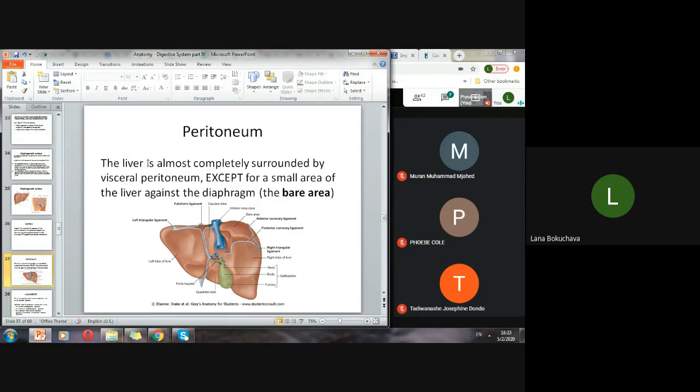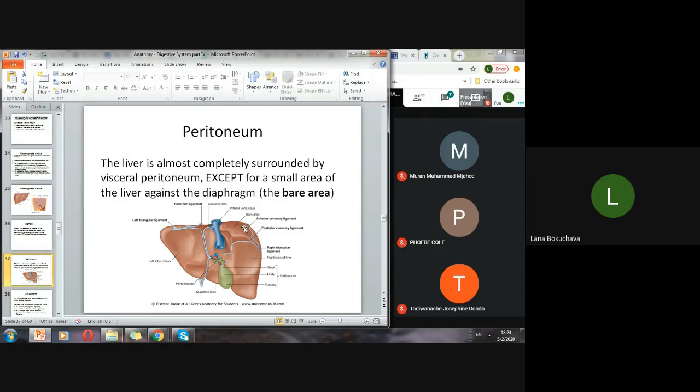There is still this small area, which we call the bare area, which is not covered by the peritoneum, particularly its visceral layer, as you can see. This is the one which is closest to the diaphragm. So that region is what we call the bare area.